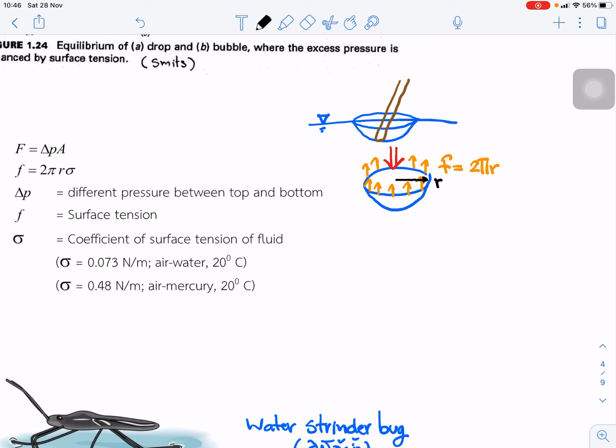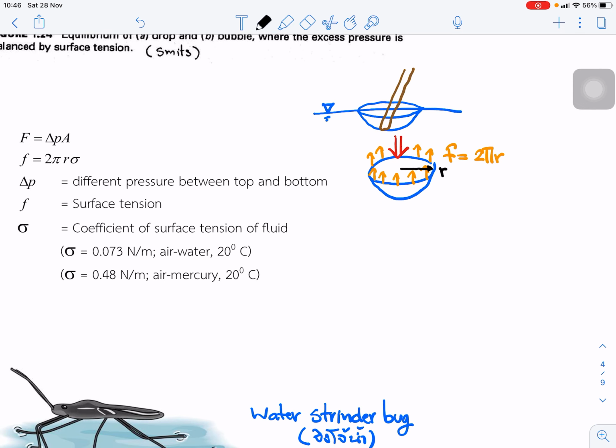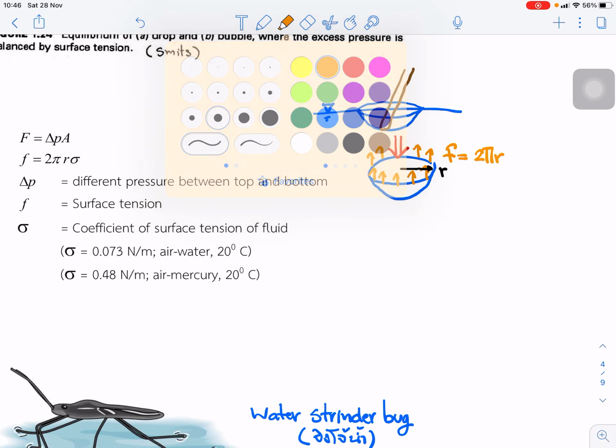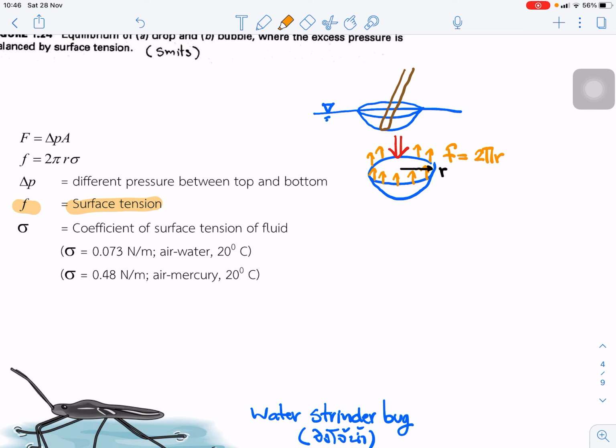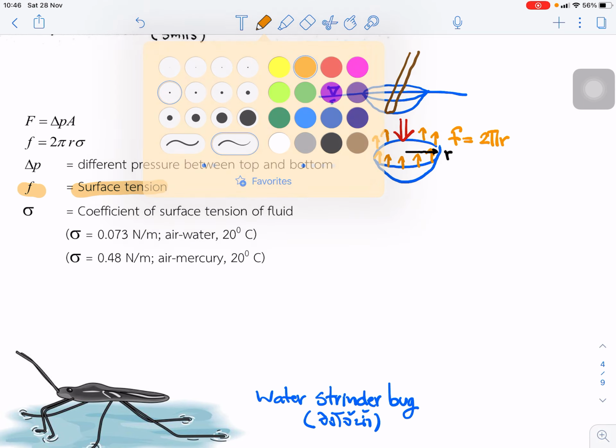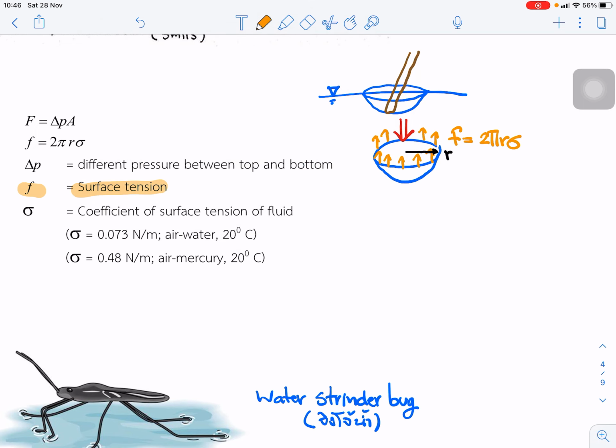In this case the F means surface tension F, 2 pi r times sigma. Sigma means the coefficient of the surface tension of fluid.